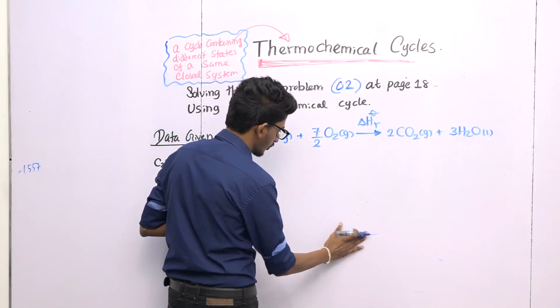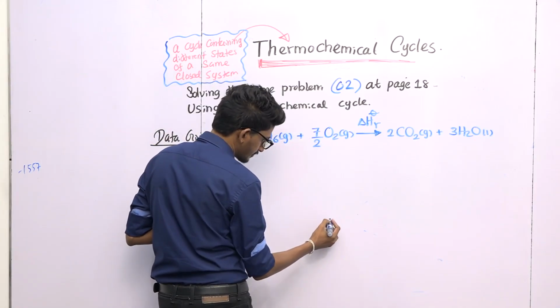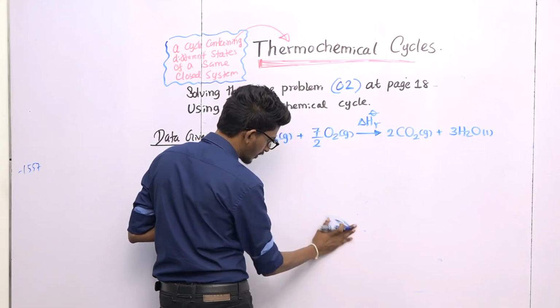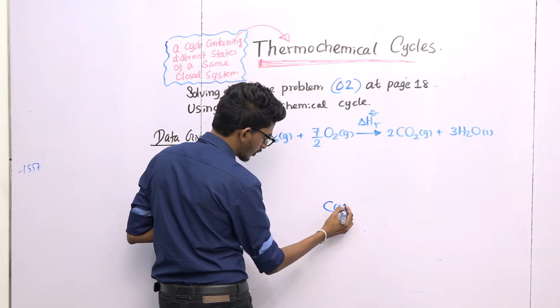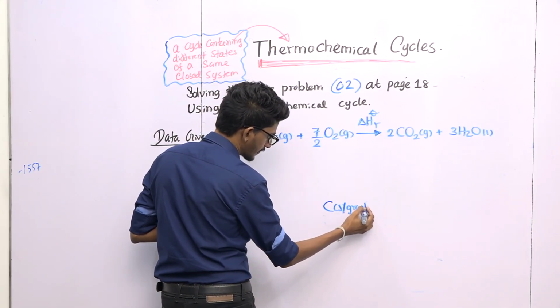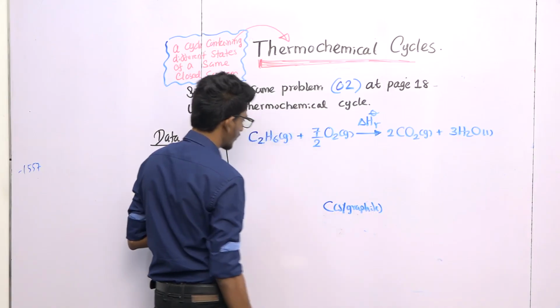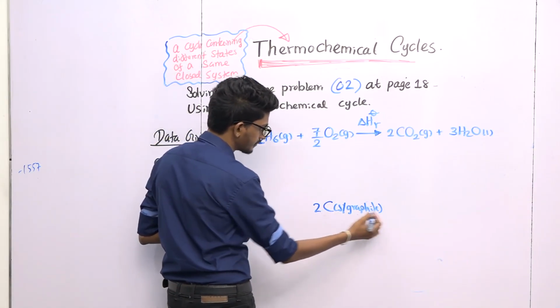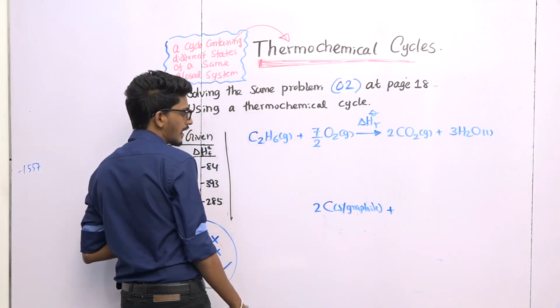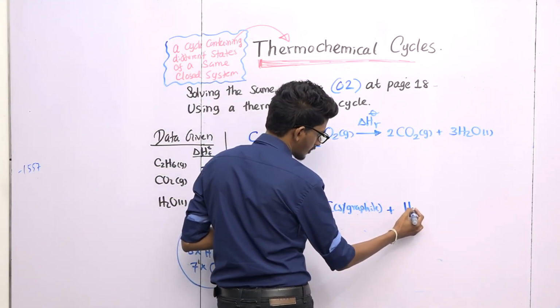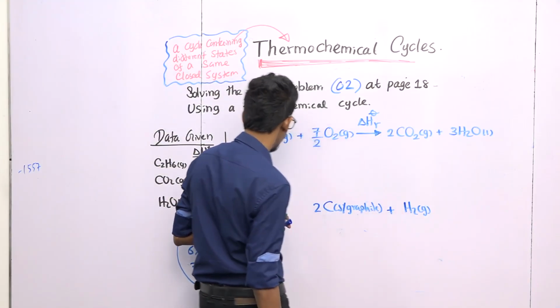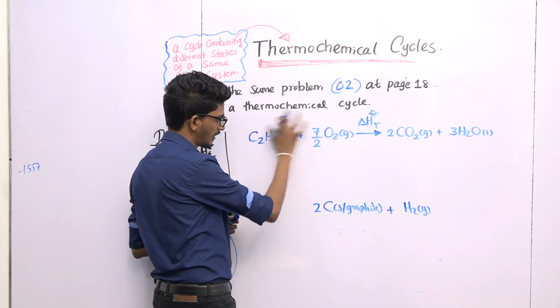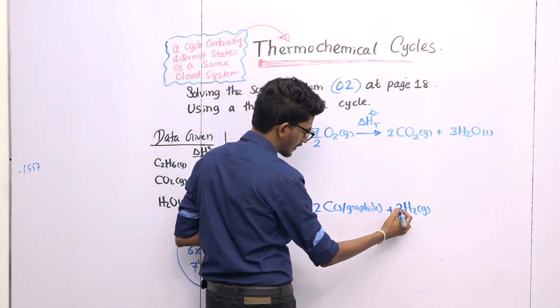The carbon's reference form is carbon solid graphite. You have 2 carbons in your system, and hydrogen is there in your system, so its reference form is H2 gas. Such 6 hydrogens are there, so multiply it by 3.